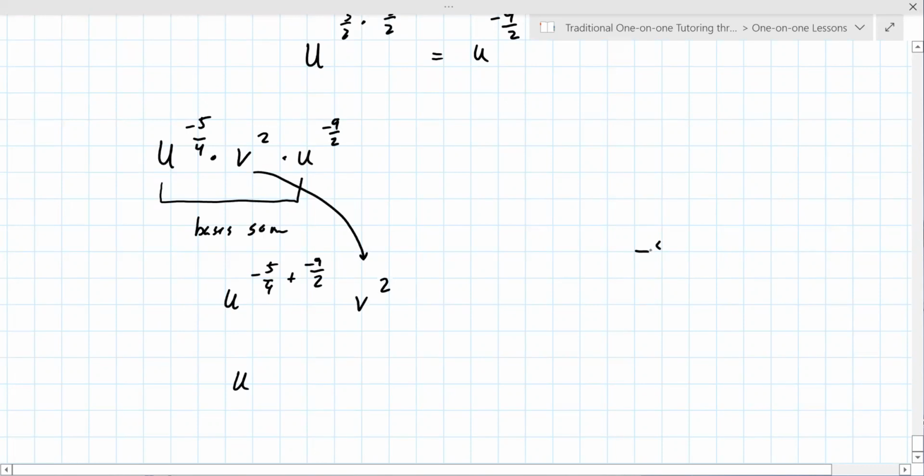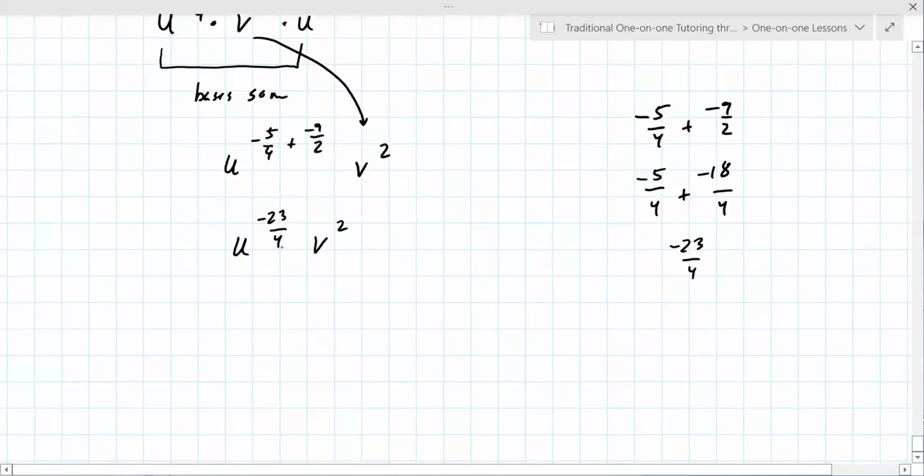So you got to come off to the side here. What's -5/4 plus -9/2? Make a common denominator. It looks like it's -23/4. So it's u to the minus 23 over 4 times v squared. And then the negative exponent has to go to the bottom. Something like this.